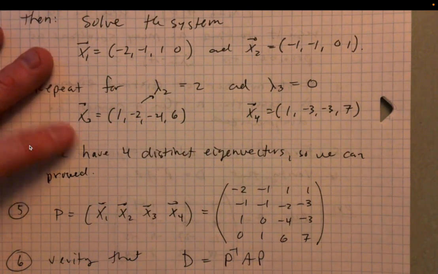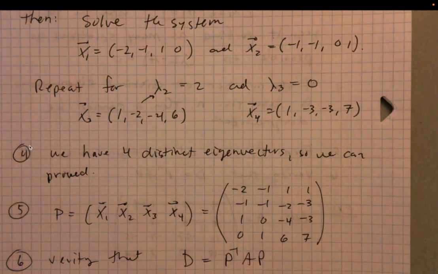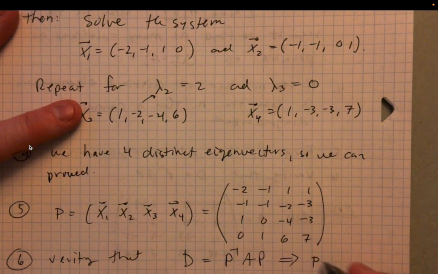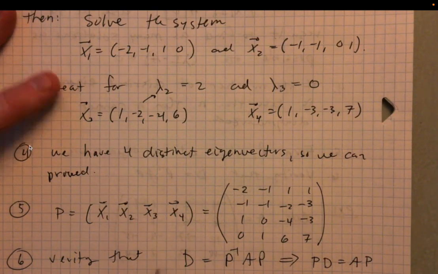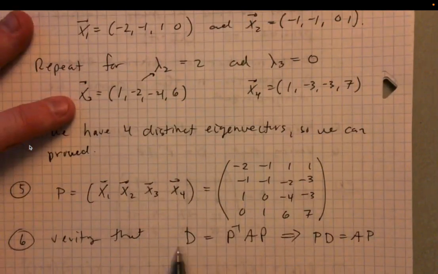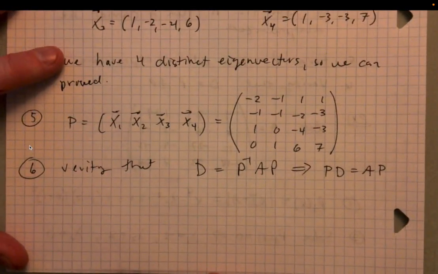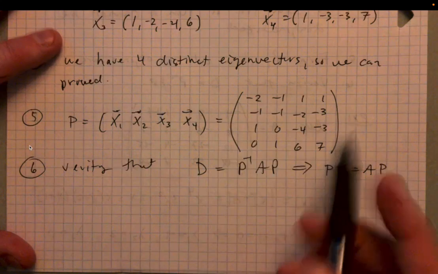In this case, what is our D? If we don't want to find the inverse, we could verify this by checking PD equals AP. I can left multiply by P on both sides, and that makes the verification a little easier if you don't want to find that inverse. And so you could verify this.